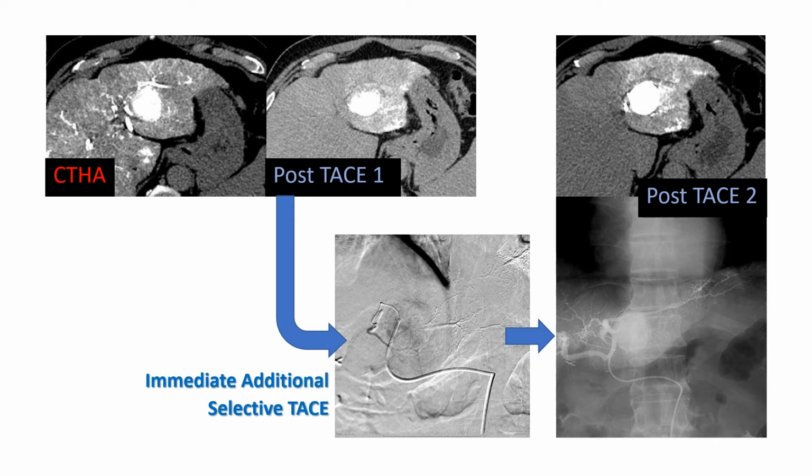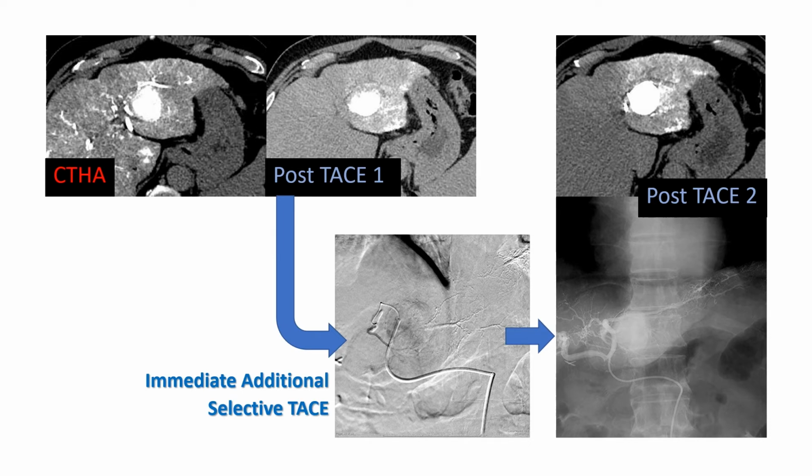The defect is in the anterior part of the tumor. We have to look back at the CTHA image again and try to identify which artery has not been embolized yet. After we find that vessel, we do selective embolization to complete the procedure.